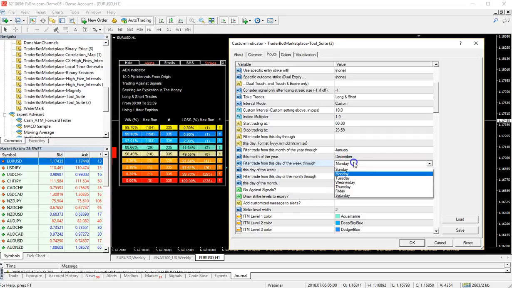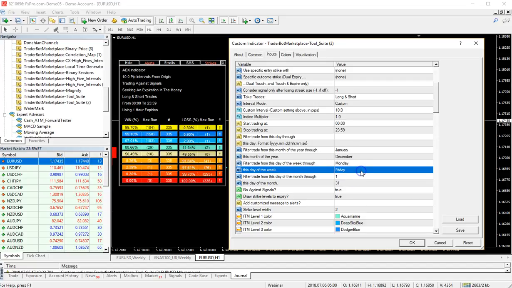Okay, let's look at Monday through Friday, because that's when I trade. I don't trade on Sunday night, and I don't trade on Saturday. I don't know what you can trade on Saturday, whatever. And we're only going to look at the first 2 weeks of the month each year, from the 1st through the 14th.